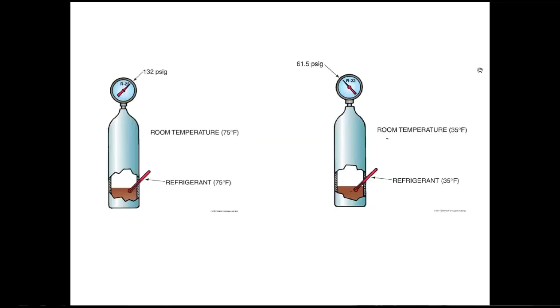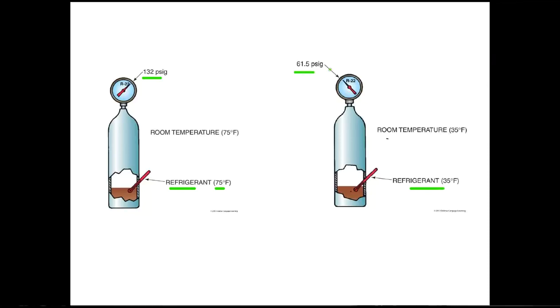Okay, and this is just an illustration here of a bottle of liquid that's at its saturation point, and it's refrigerant. At 75 degrees, it's 132 PSI. And if we reduce the temperature, it reduces the pressure as well.